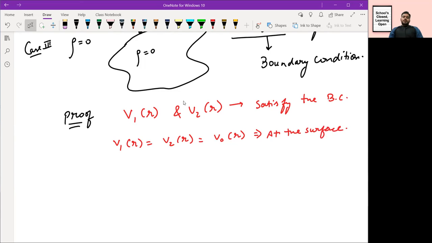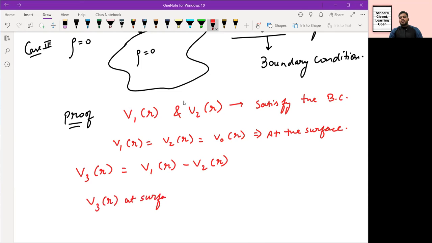Correct? Now we define a third function, V3(R), given by V1(R) minus V2(R). And the value of V3(R) at the surface will be 0.